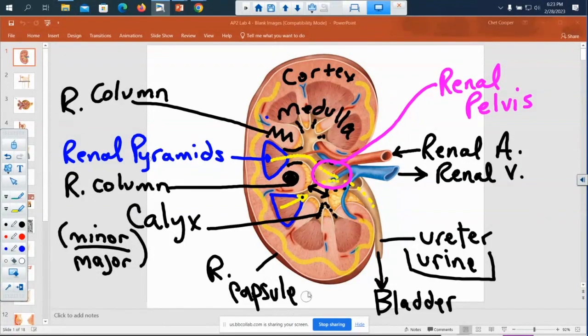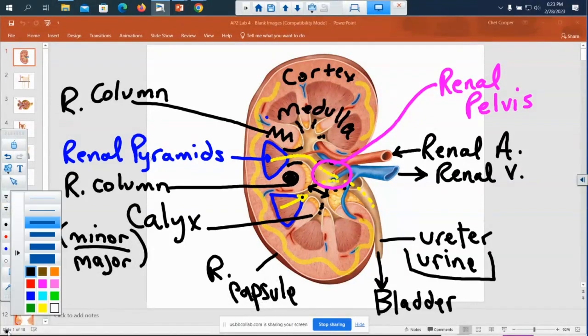So watch here. I think I'll pick this one right here and I'll erase the little dots for calyces so you guys can see. See how each pyramid pushes into the calyx? Every single one of them has a tip, like an apex, that goes into the calyx. That little tip, I'm going to use a different color so maybe it'll stand out.